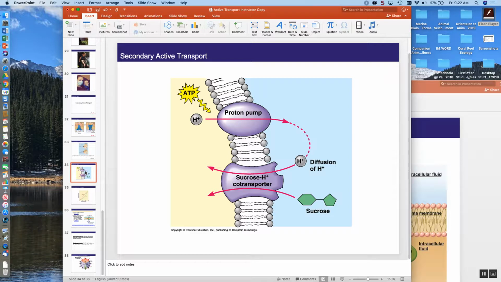It is, but you have to have the gradient first for it to work. So if you block the pump and the gradient runs down, then it's not going to be able to move that molecule against its concentration gradient. You'll lose that energy. So it doesn't even produce enough energy to help a second molecule? It needs the gradient. But I thought naturally. Not always. Not naturally.